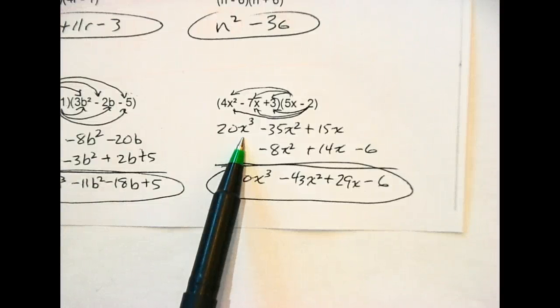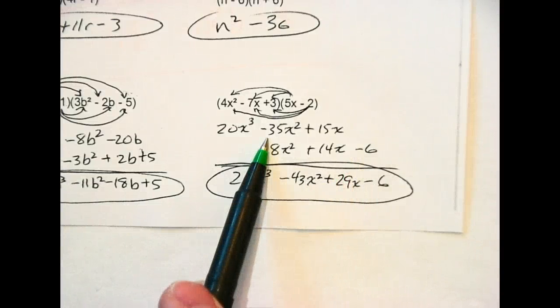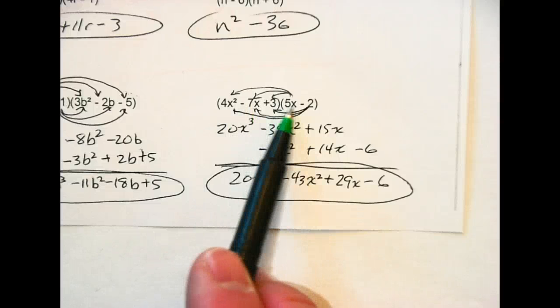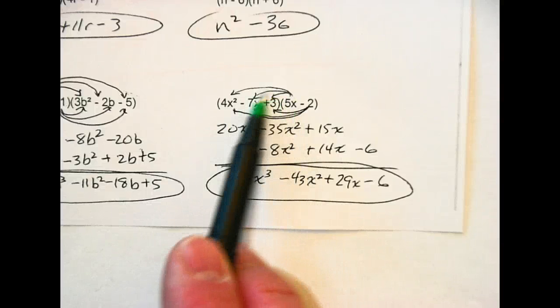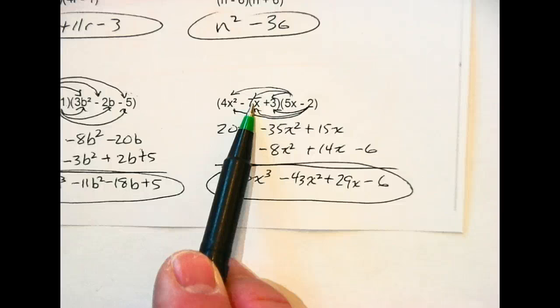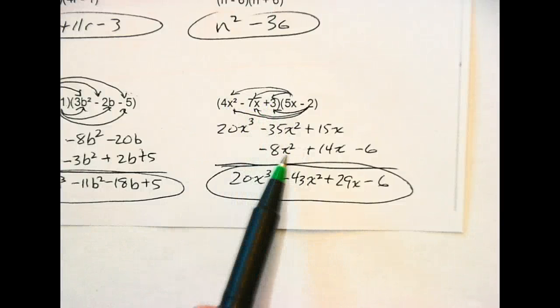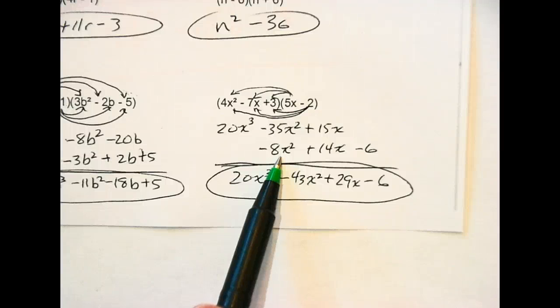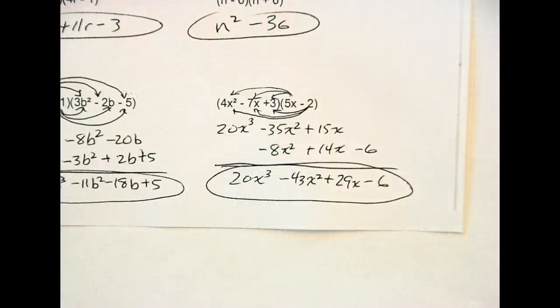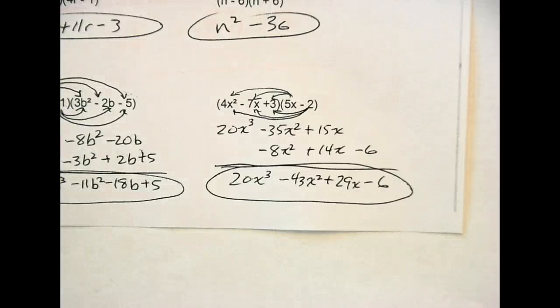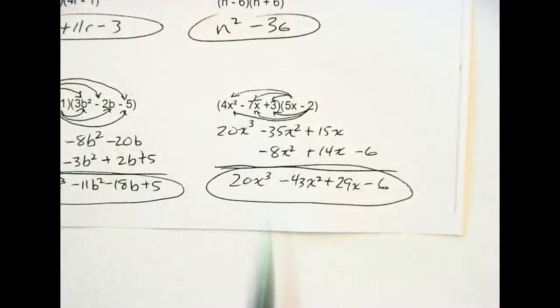Yeah, I got that part, but the negative 35x squared, what's that from? That gives me my 5 times my negative 7. Yeah, but don't you have to do 4x squared times negative 2? Yeah, that's negative 8. Oh, you put that down there. I went from the left, this way. Right, from the left.